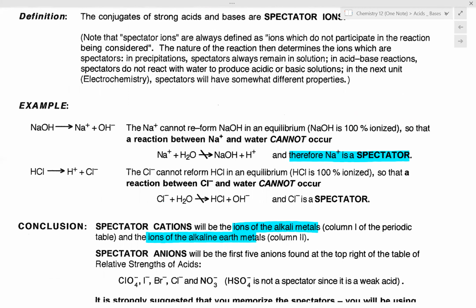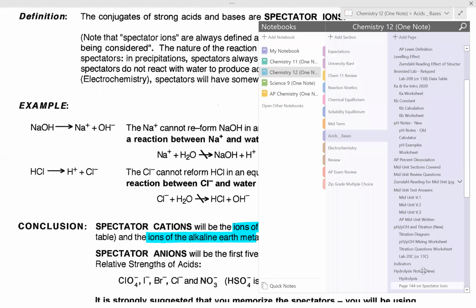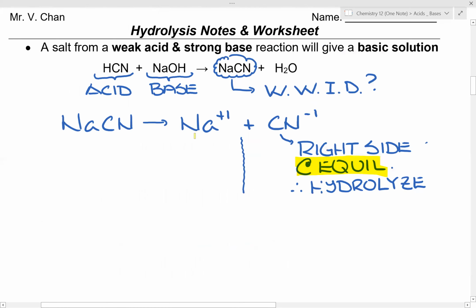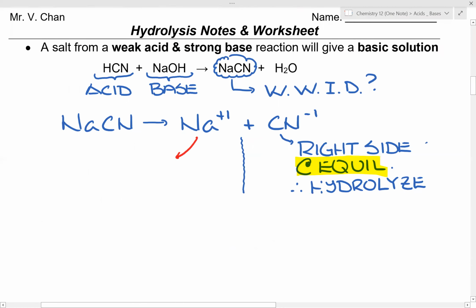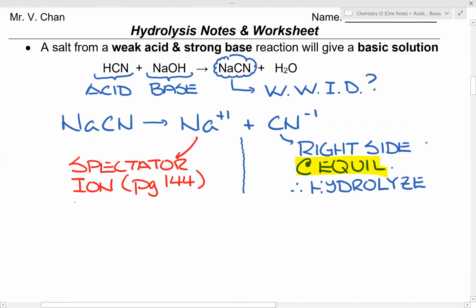So in this particular case, sodium is a spectator ion. This is from page 144. Therefore, no reaction.